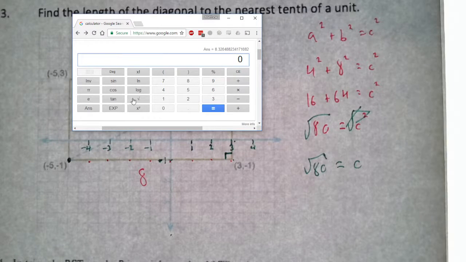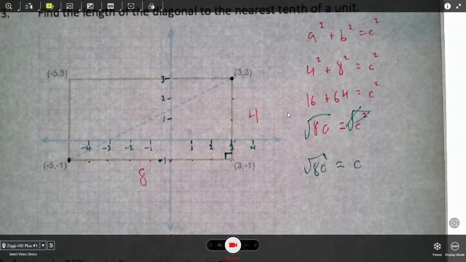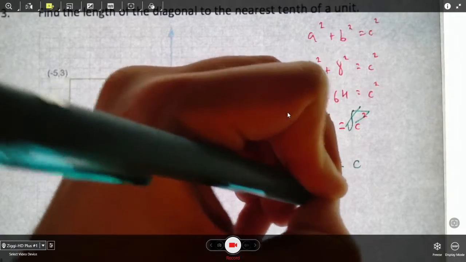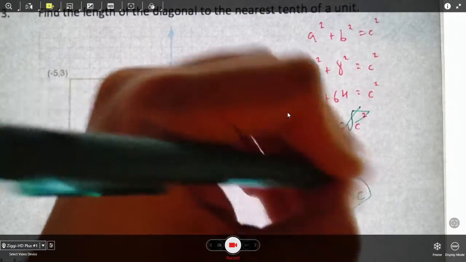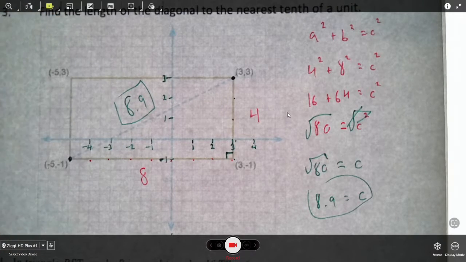I can do the square root of 80 is equal to 8 point, they wanted the nearest tenth of a unit, so 8.9. So I can say 8.9 is equal to c, and there's my answer. So I just found 8.9 as that length. All right, let's keep going.